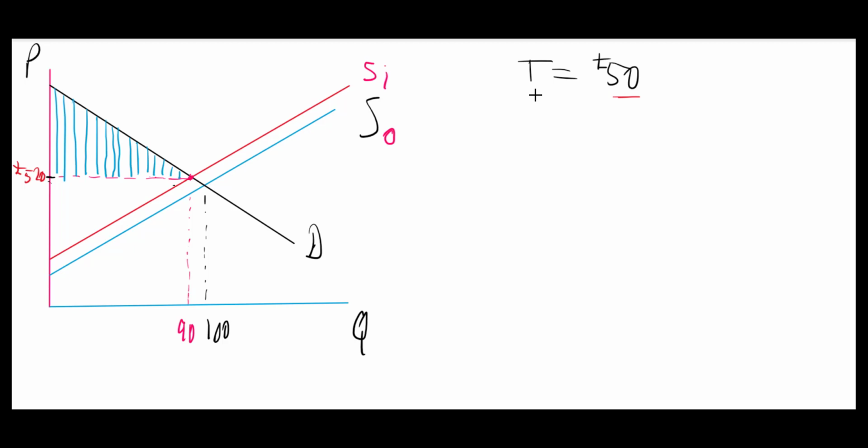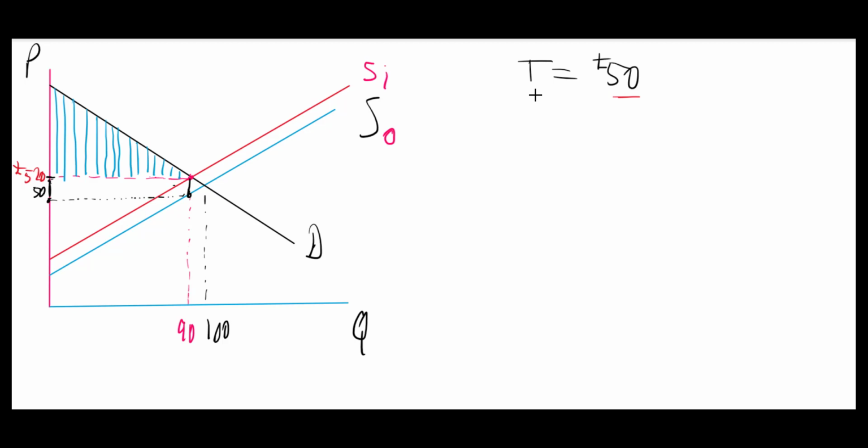Now, how about the producer surplus? Well, producer surplus is what they receive and what they're willing to receive. Yeah, so it's the difference between what they receive and what they're willing to receive. Now, what they receive here depends on the tax size. So right now, for this unit, this distance here, although it's wider than this one here, is 50 pounds.